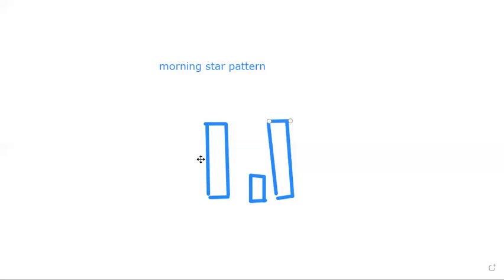While the third candle is a bullish candlestick that shows the presence of buyers taking over the market.